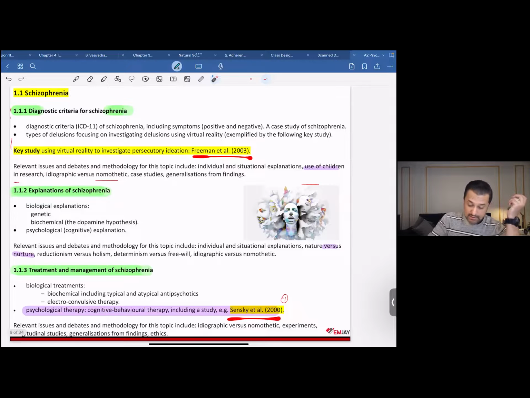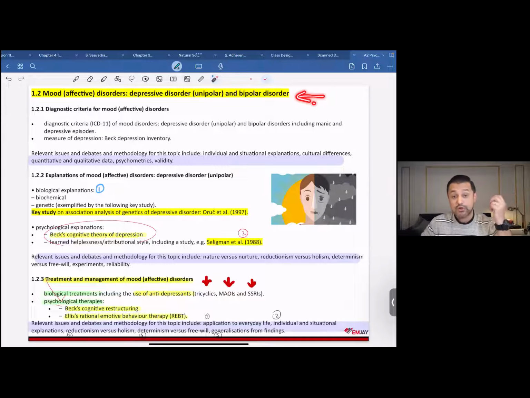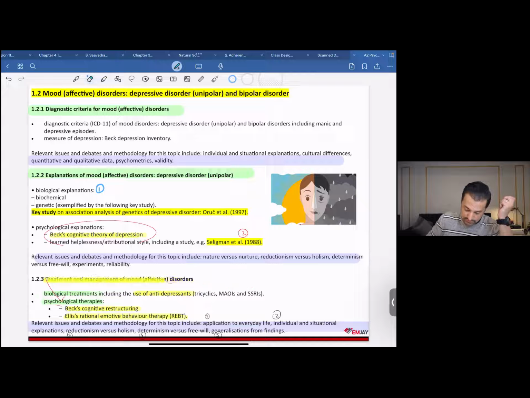Taking this ahead, this is the second unit, that is mood affective disorders, depression, depressive disorder, unipolar and bipolar disorder. Again, the same idea, the same criteria. This highlighted green part are the sections. Oh, this one is highlighted already, so I just remove this.